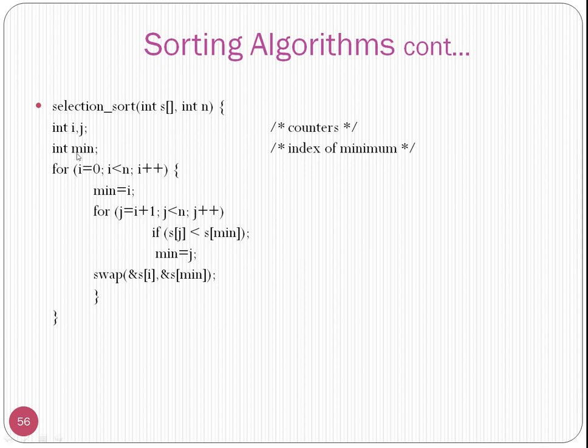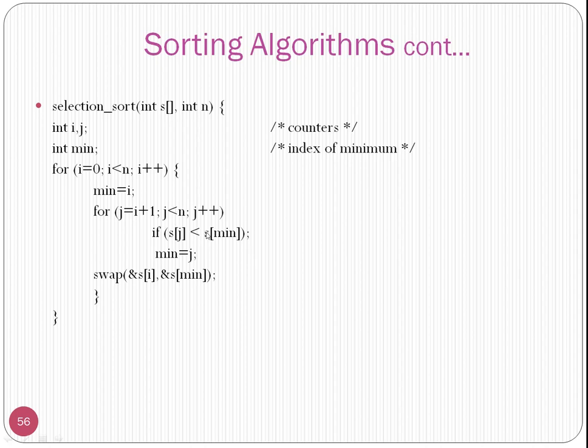Next we have the index of minimum, where the initialization happens for i equal to 0, and i is less than n, with i plus plus. Initially in this for loop, the i value will be assigned to min, and the next for loop represents the variable j equal to i plus 1, j less than n, j plus plus.